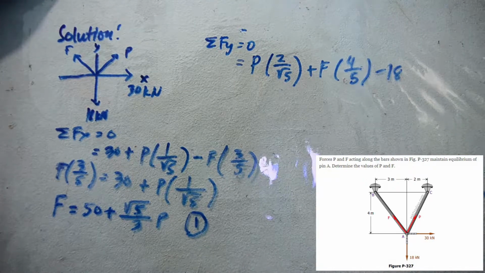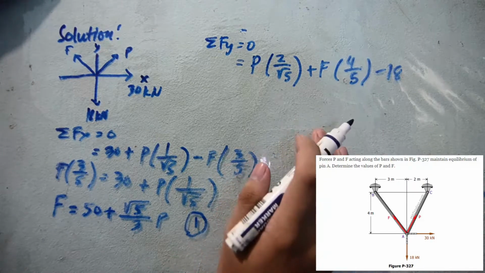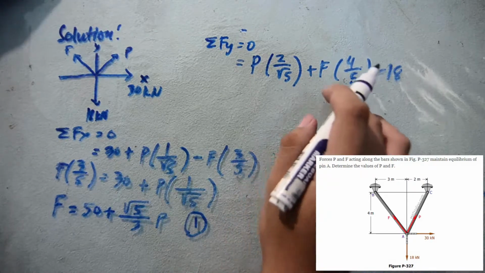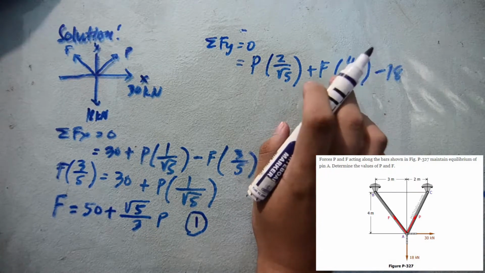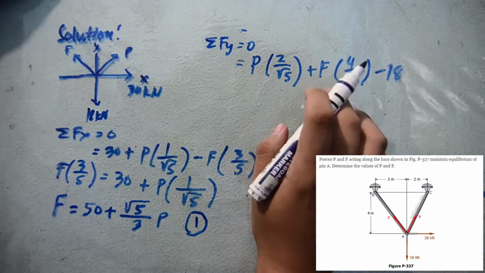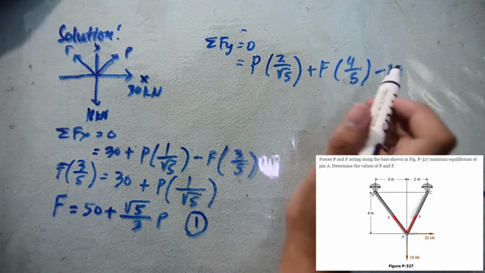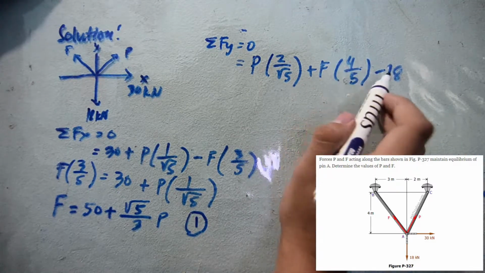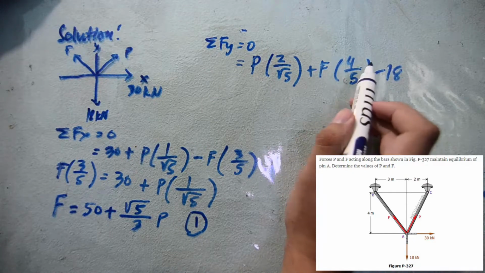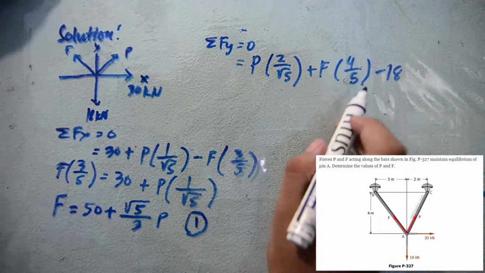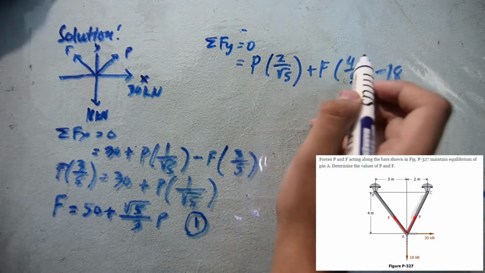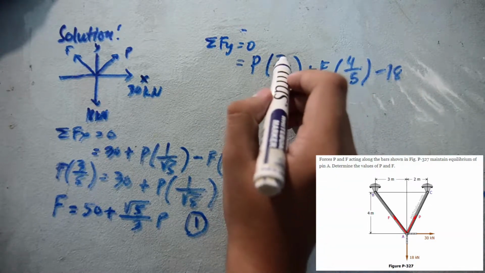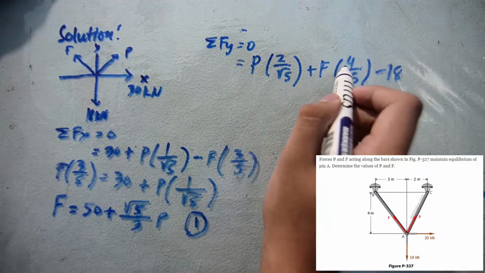So let's simplify this equation by making the f term only f. So let's multiply everything by 5 and divide it by 4. So 5 over square root of 5 is square root of 5, multiplied by 2 over 4, is 1/2.